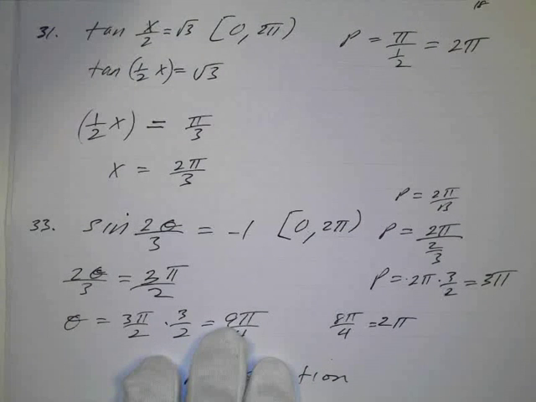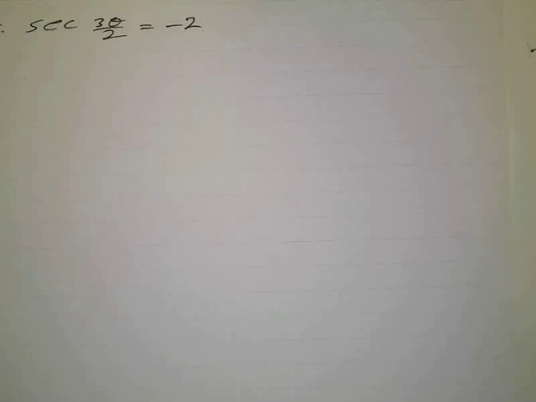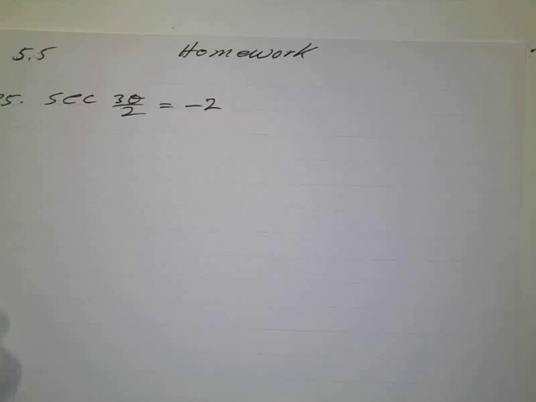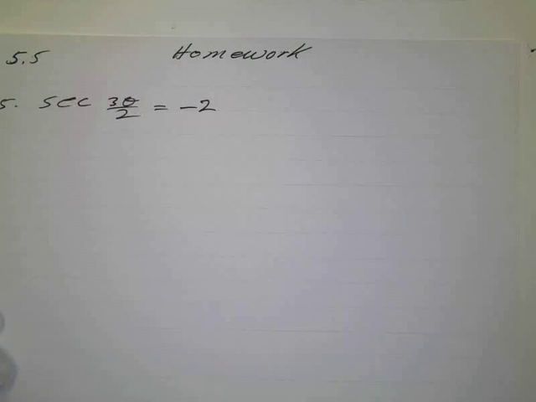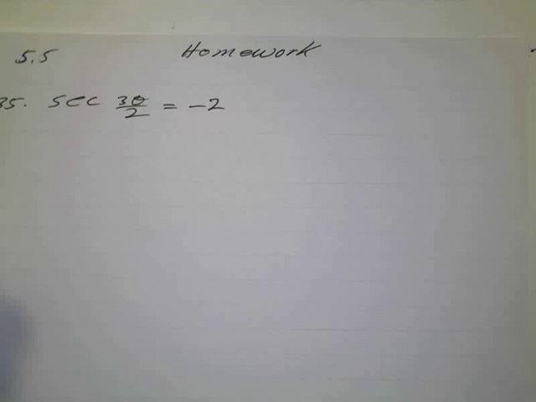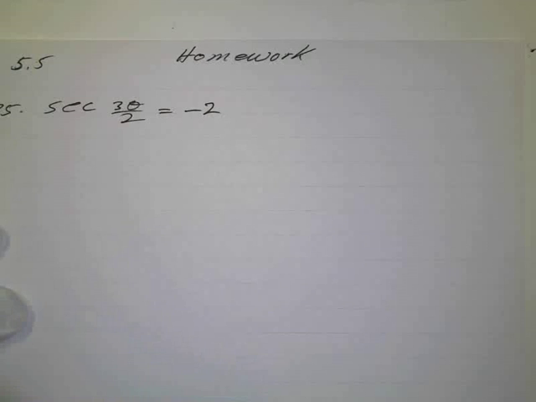And let's get on to number 35 here. And we have a secant. Okay, the secant of 3 theta over 2 is equal to -2. And in these equations, I don't even want to deal with the secant because I don't like to draw that graph. I've got to draw the cosine graph anyway to draw the secant graph, so I'm just going to change this.